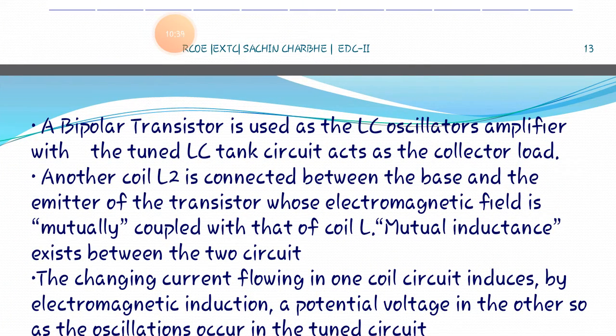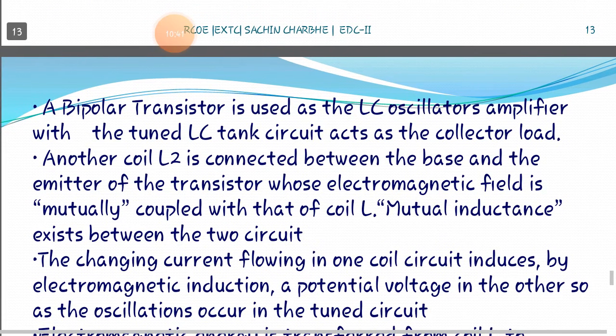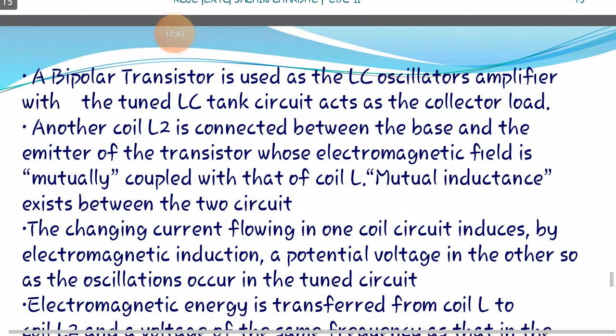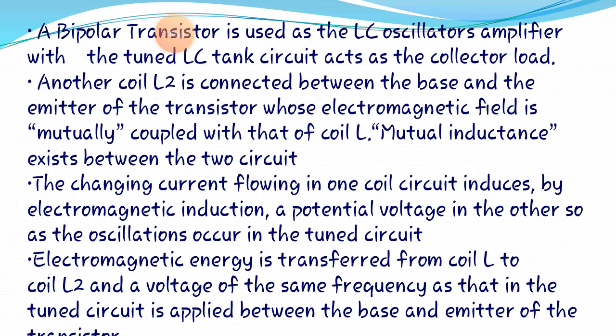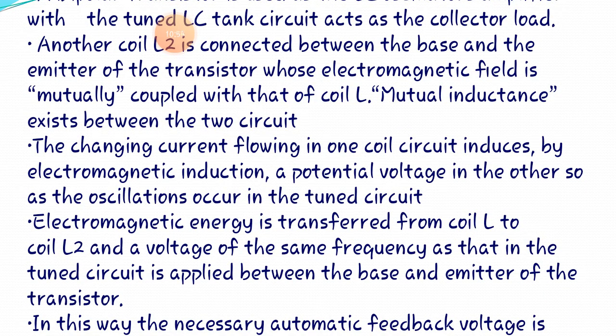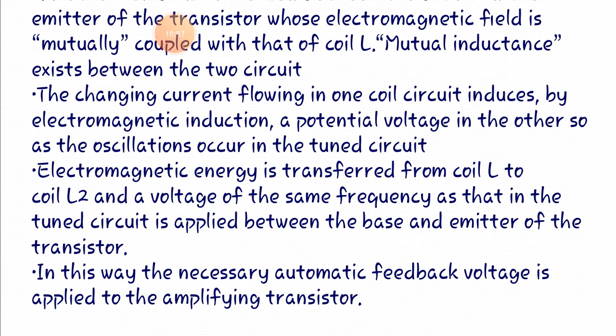Here the bipolar transistor is used as an LC oscillator amplifier, with the tuned LC tank circuit acting as a collector load, as we see in the figure. The other coil L2 is connected between the base and the emitter of the transistor, whose electromagnetic field is mutually coupled with coil L. Mutual inductance exists between the two circuits.